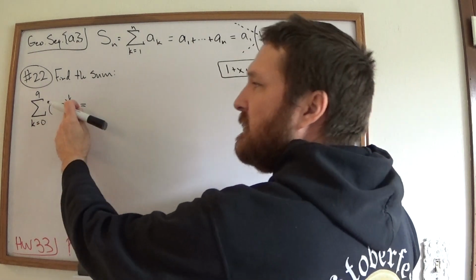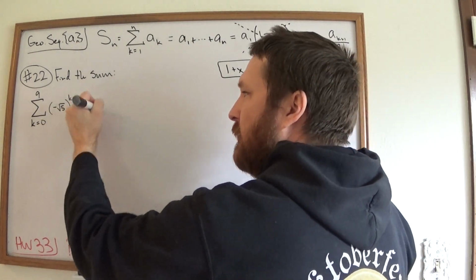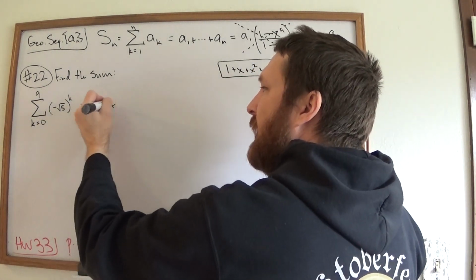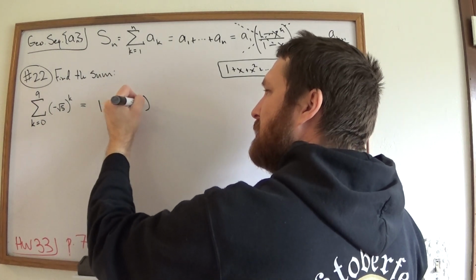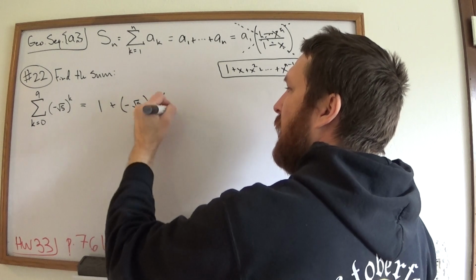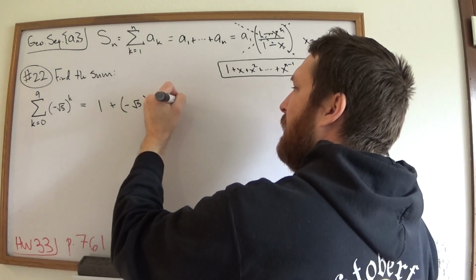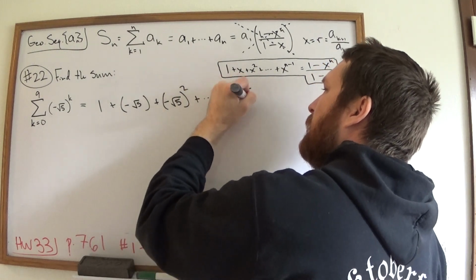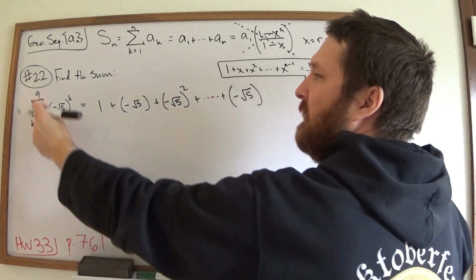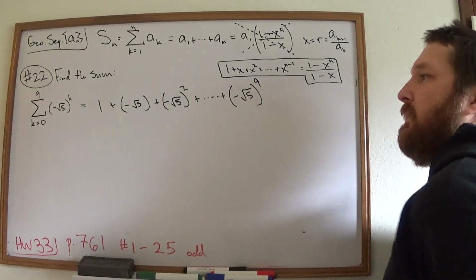So when k is equal to 0, you have something to the 0th power, which is 1. Then you add that to k equals 1, and so it goes to the first power, and so what's this? Let's do another one, plus what? When k equals 2, blah, blah, blah, and it goes all the way up to root 5 to the 9th, okay?